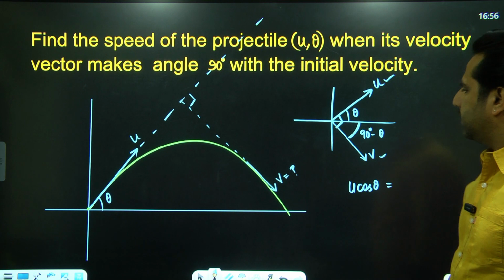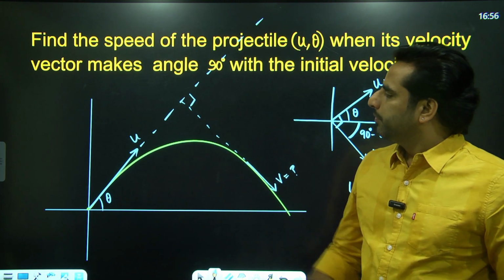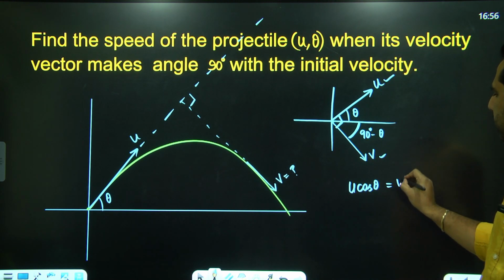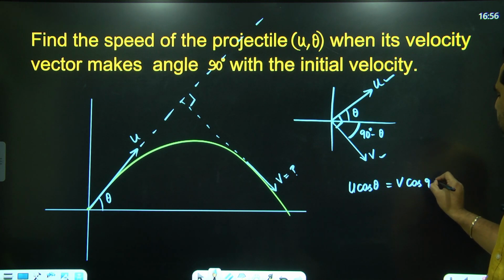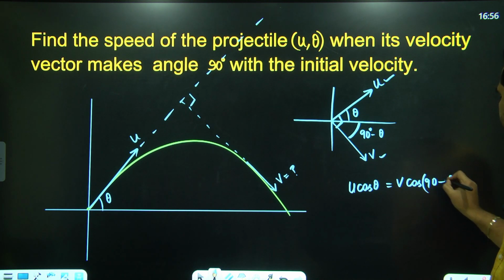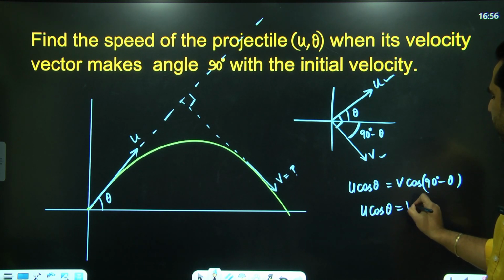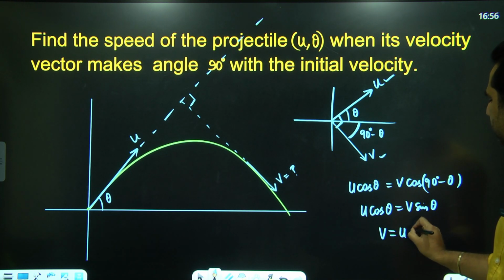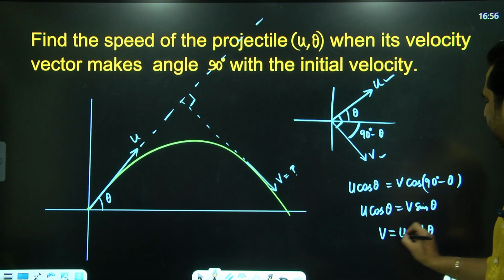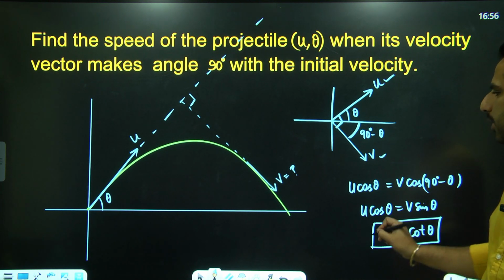Horizontal component at that instant where the velocity vector is perpendicular to initial velocity is v cos(90 minus theta). So u cos theta is equal to v cos(90 minus theta), that is sin theta. So v is equal to u cot theta. That's all. This is the answer.